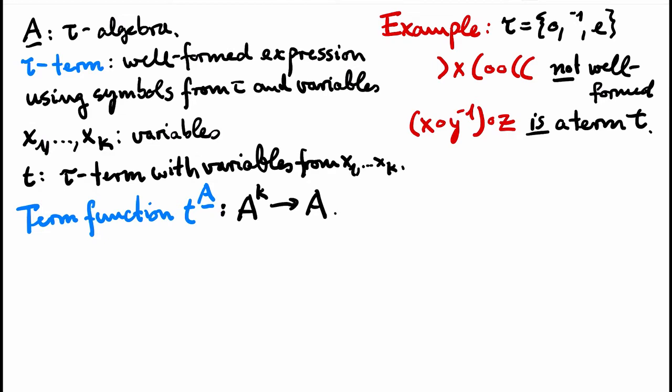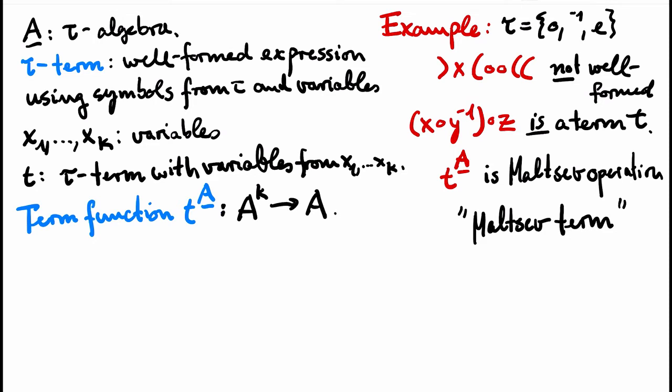If A is a group, then the term function for our example term above would be an operation satisfying the Maltsev identities that we have seen in an earlier video. In this case, we also call t a Maltsev term.